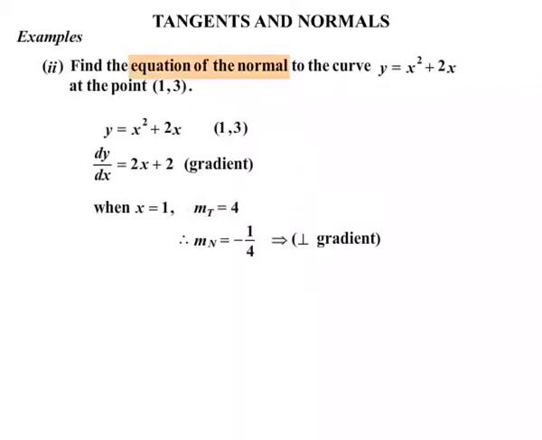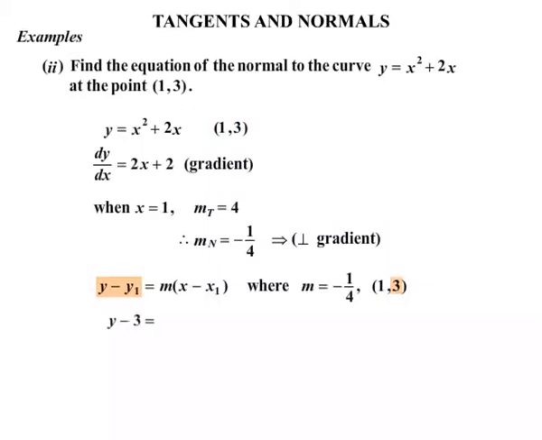Now the equation of the normal, we're going to use the same formula there, y minus y1 equals m outside of x minus x1. So the gradient is minus 1/4, and the point of interest (1, 3). So y minus y1, where our y1 value is 3, equals m, where that's our gradient there, minus 1/4, times x minus x1, where our x1 is 1.